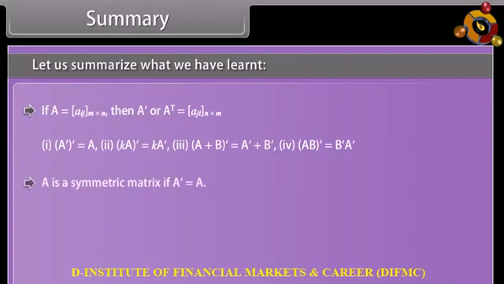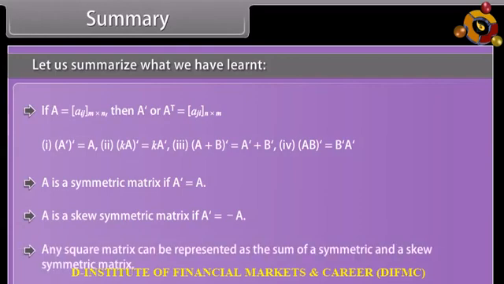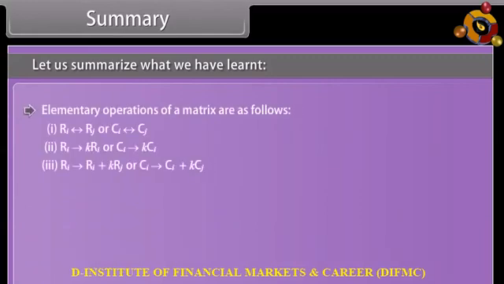A is a symmetric matrix if A dash is equal to A. A is a skew symmetric matrix if A dash is equal to minus A. Any square matrix can be represented as the sum of a symmetric and a skew symmetric matrix. Elementary operations of a matrix are as follows.